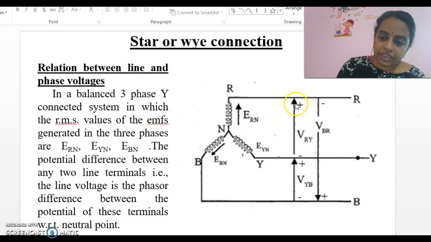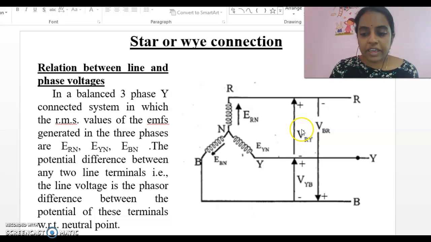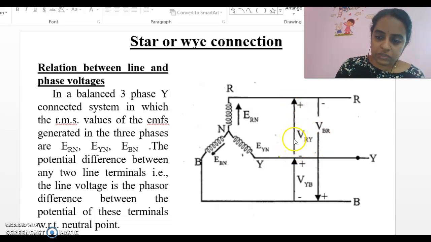Similarly, here we can see other voltages VRY, VYB and VBR. VRY is a voltage between R and Y, which is between two lines. The voltage between two lines is called line voltage.